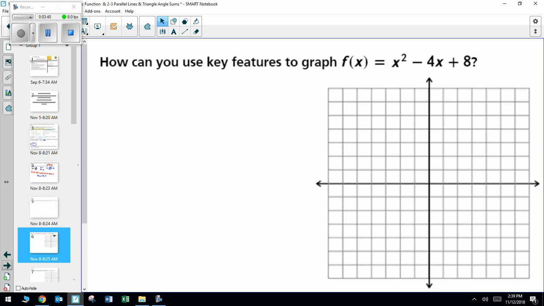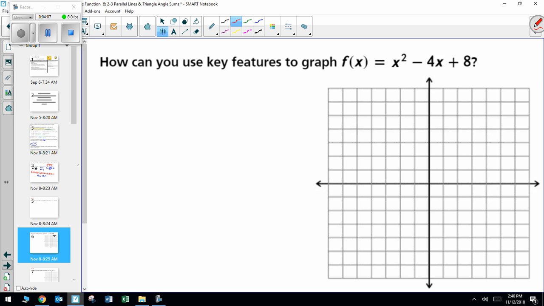So, how can I use key features to graph a quadratic function? Well, the key features of a function would be the intercepts, and the key feature of a quadratic function would be its vertex. So, we don't know the x-intercepts, but we can find the y-intercept easily enough here when it's written in standard form.